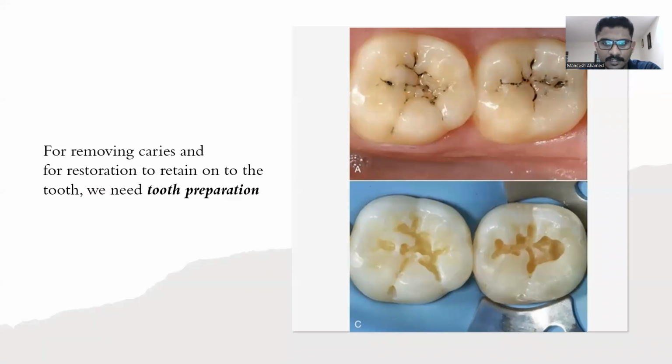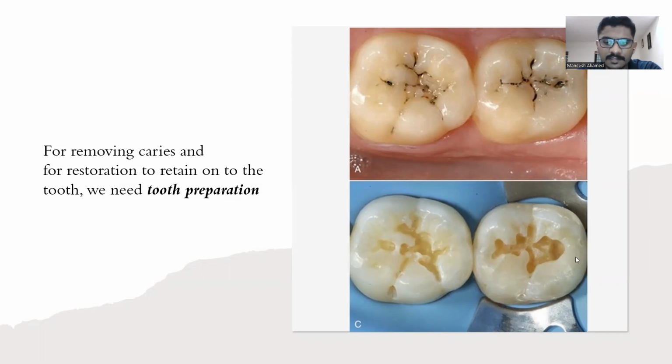We need to remove that defect first, so that a restorative material can replace its original form and function. Here in this picture, you can see that the pits and fissures of this molar are affected by dental caries. And in the second picture, all those defective structures are removed.